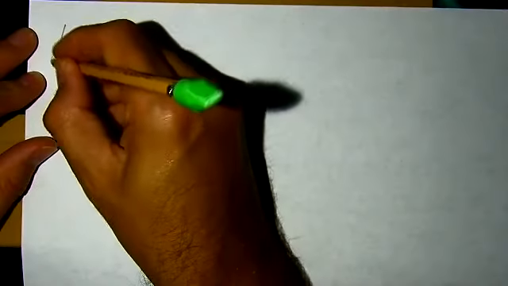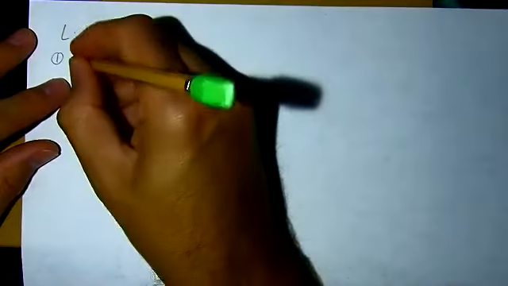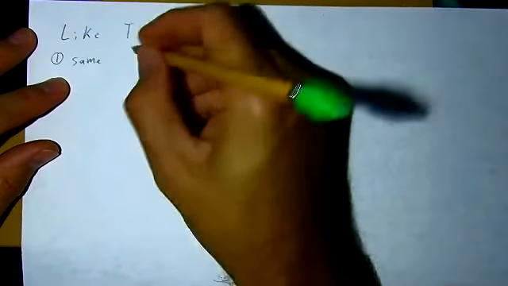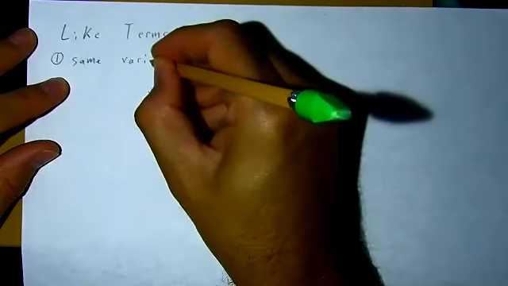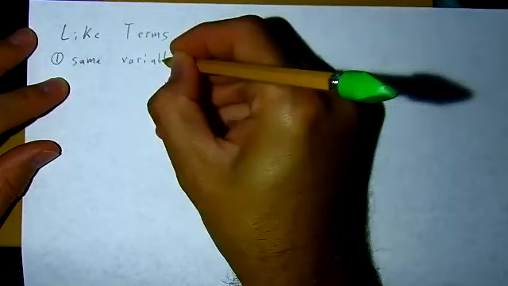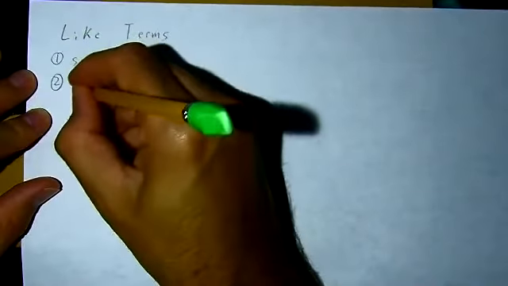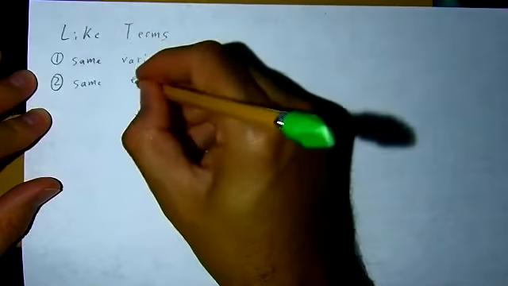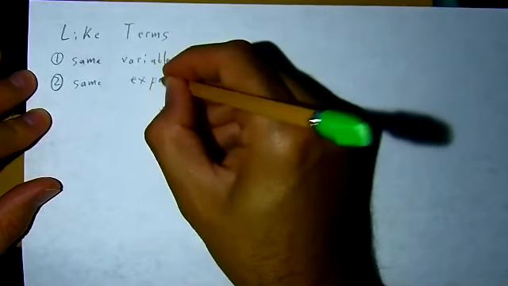So like terms are 2 terms that you can add or subtract together. The 2 rules that determine if it's a like term: Number 1, same variables. Not just some of the variables, all the variables have to be the same. Number 2, same exponents.